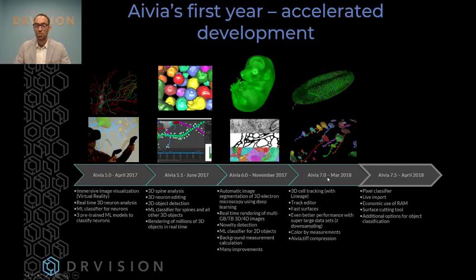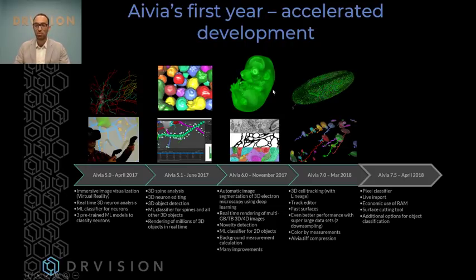With Aivia 7, which we previewed at ASCB, where we had a scientific poster that showcased all of the key technology that we developed in order to launch this product, we introduced object tracking and lineage tracking, as well as a brand new mesh or surface rendering engine.